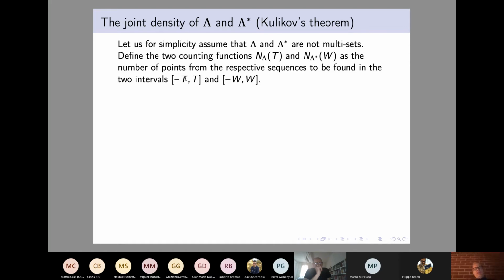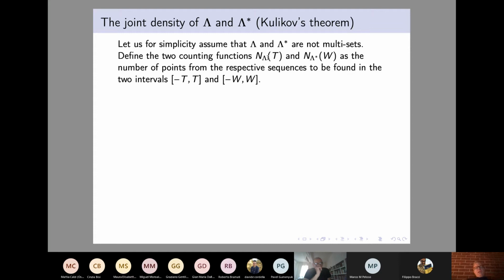We have functions that are essentially supported on the space side on an interval, and on the Fourier side essentially located in an interval. So you have minus t to t on the space side and minus w to w on the Fourier side. Now we count the number of points in each of these intervals.